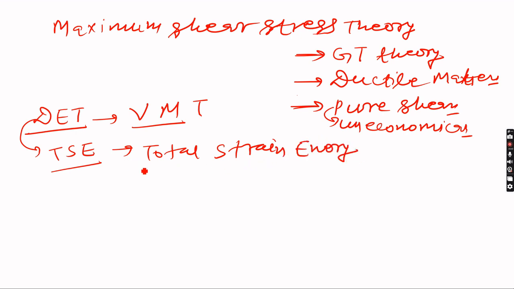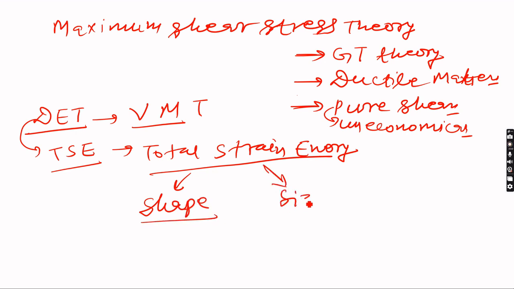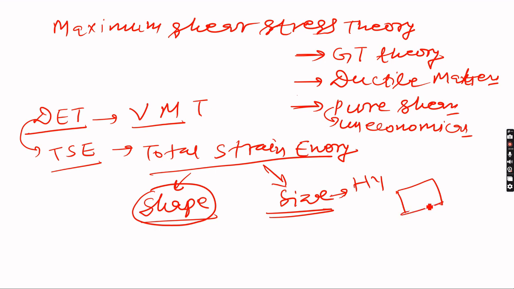There are two parts of that total strain energy. One part is going to change the shape and one part is going to change the size. So when size will change, your volume will change. Okay. So this is also called hydrostatic. In hydrostatic, you are compressing the object or something, so your volume will go down. Like all dimensions are going down.